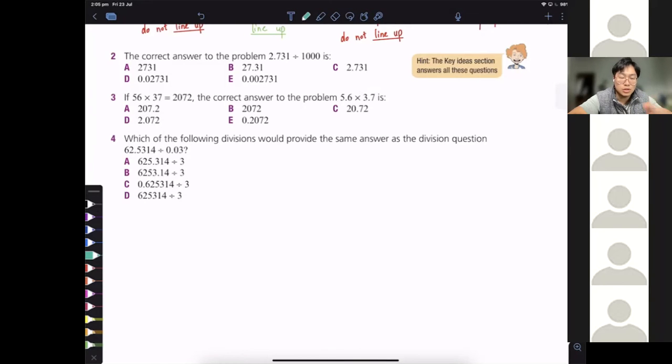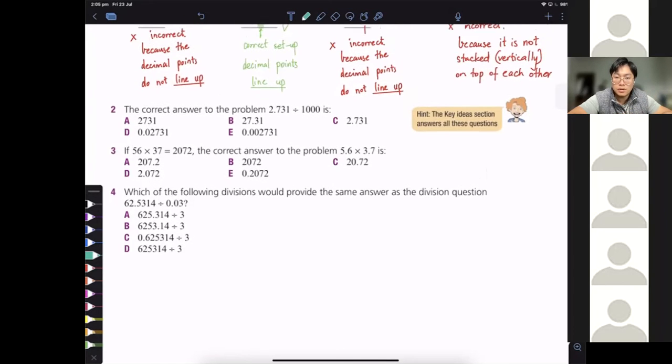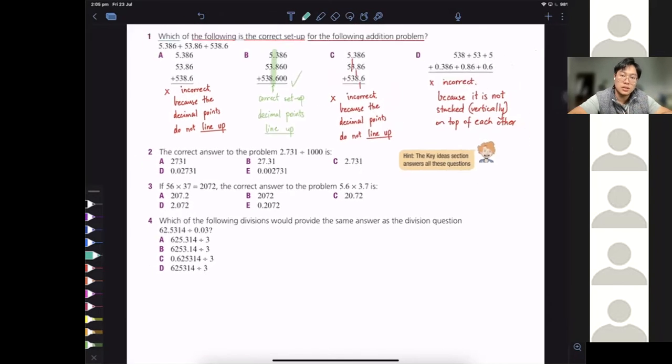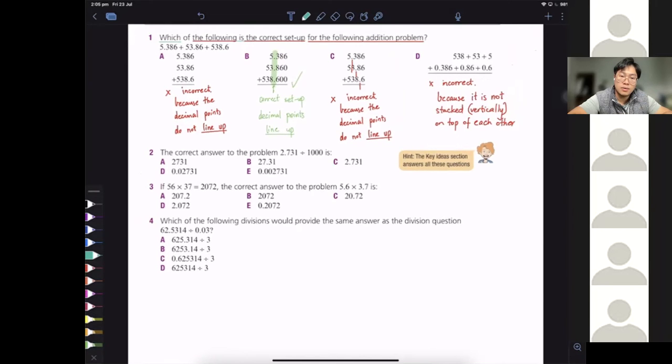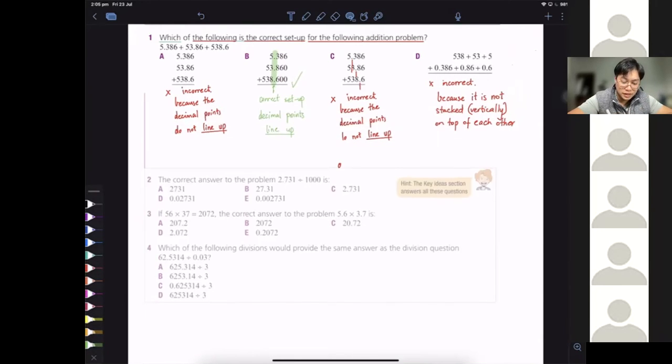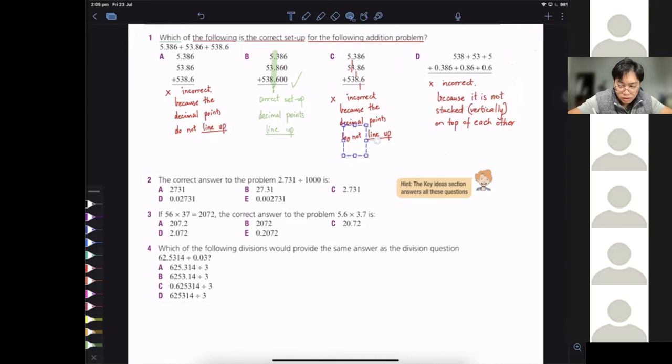You need to try and do it yourself. You try some new questions. So fantastic that you've copied down the notes, but that's just copying. You're not doing anything much. You're not learning as much. You need to practice.